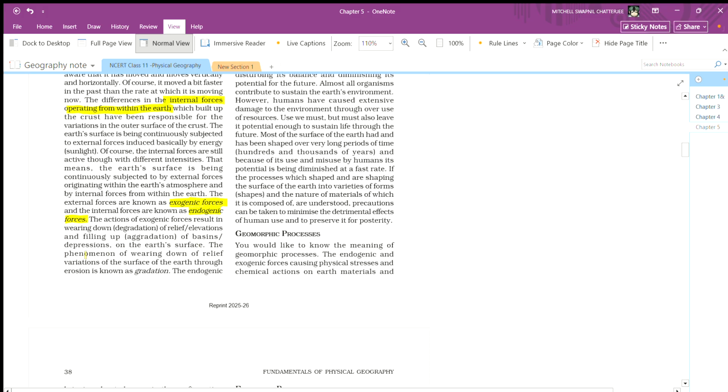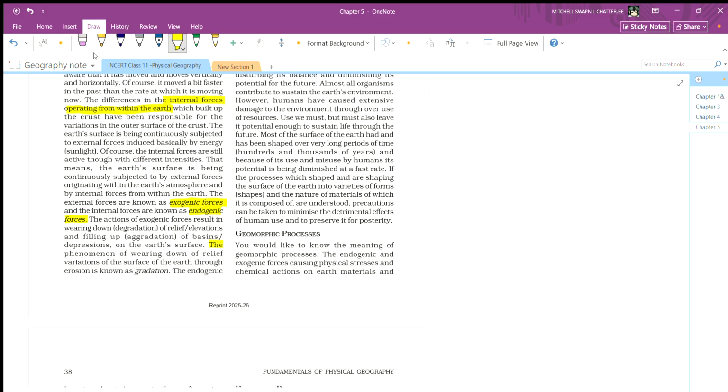The phenomenon of wearing down of relief variation of the surface of Earth through erosion is called gradation.